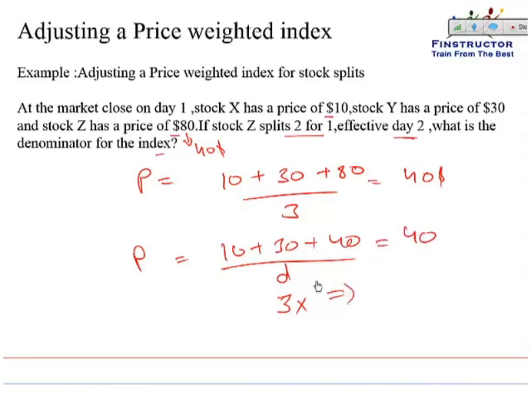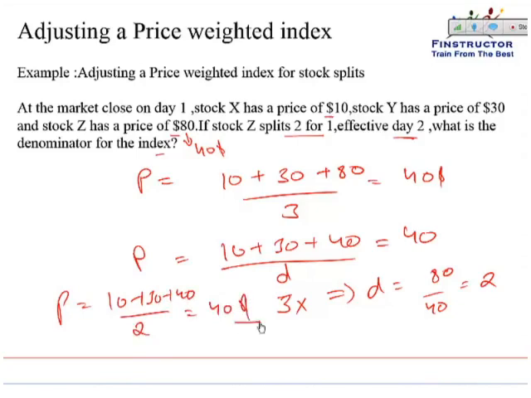The new divisor is going to become 10 plus 30 plus 40, that is 80 divided by 40, that is 2, such that even after stock Z splits, the price weighted index will still be equal to $40, or the value of this index will not change because of a stock split or a reconstitution.